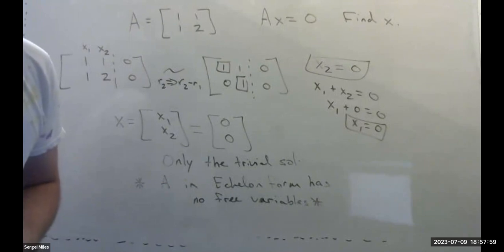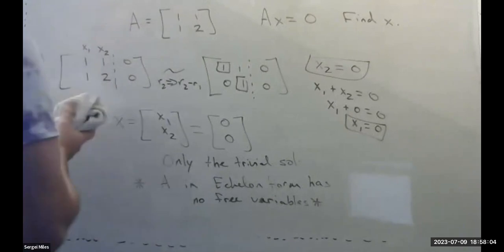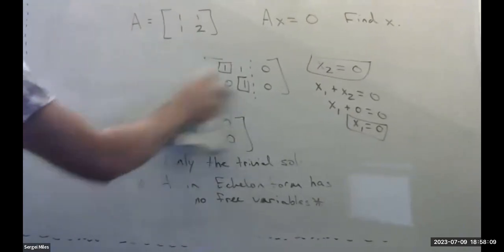Let's do one more example of a homogeneous system, and then we'll look at what is called a non-homogeneous system.